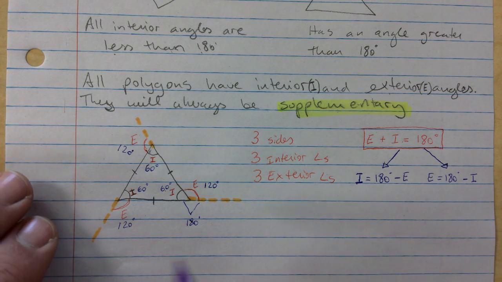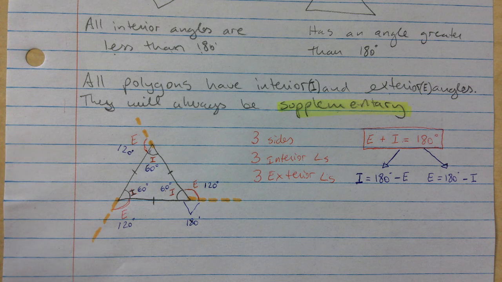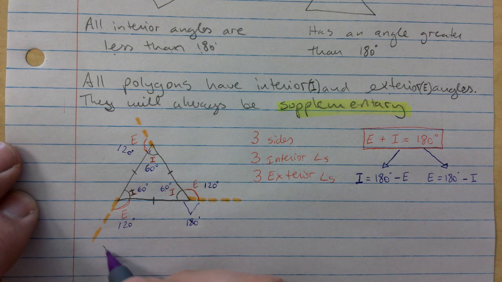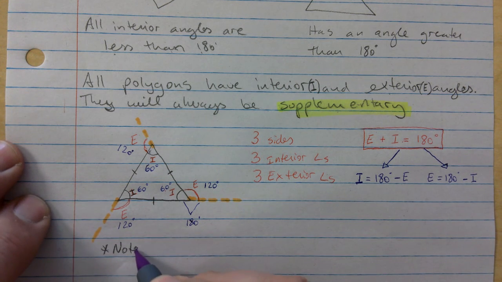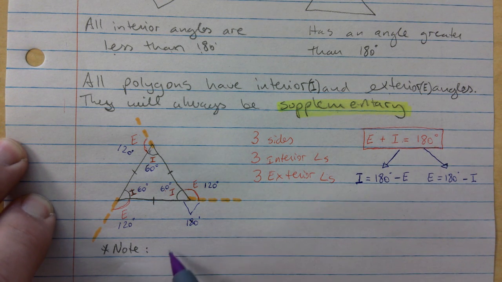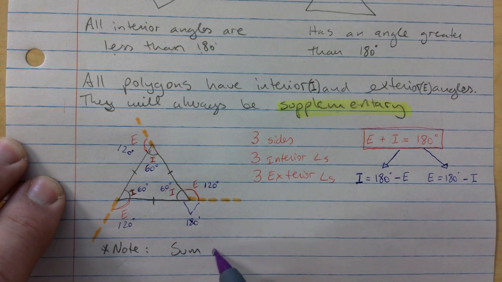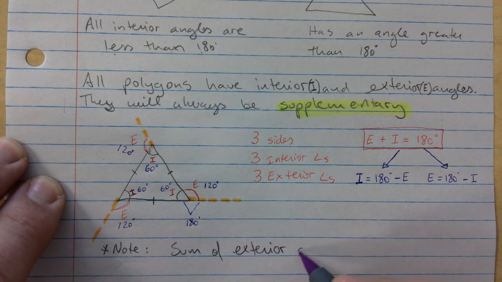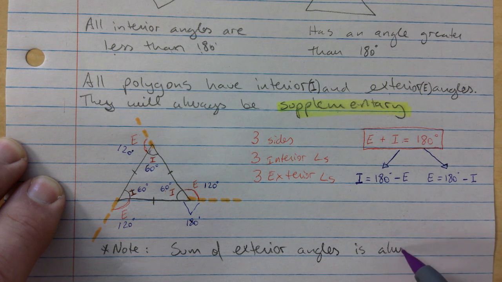And another important comment here, note: the sum of exterior angles is always 360 degrees.